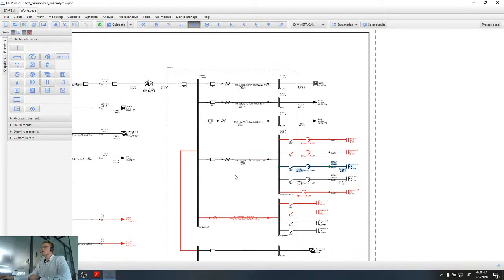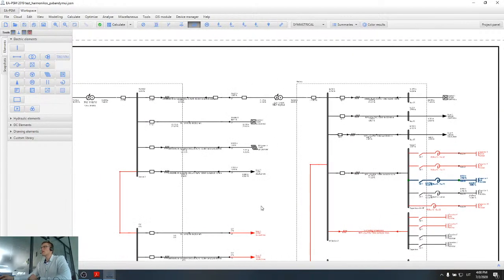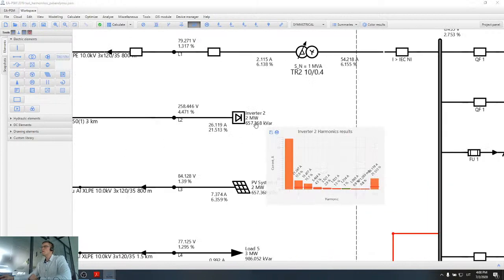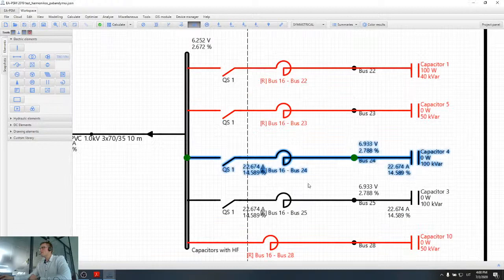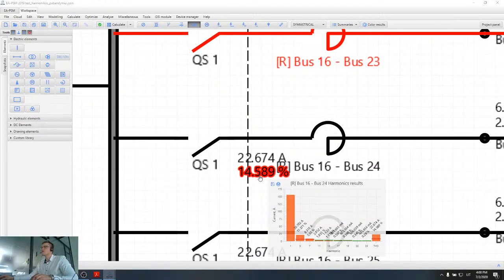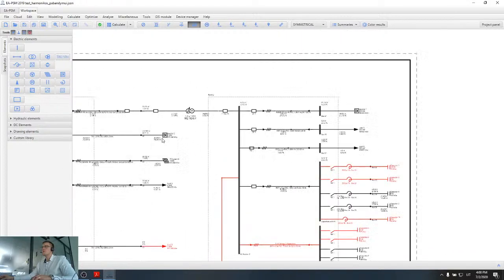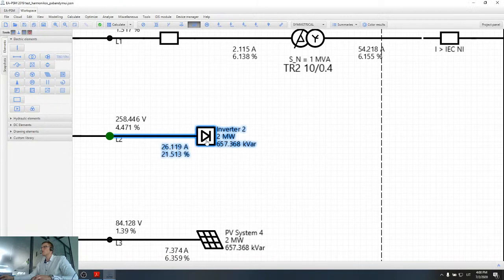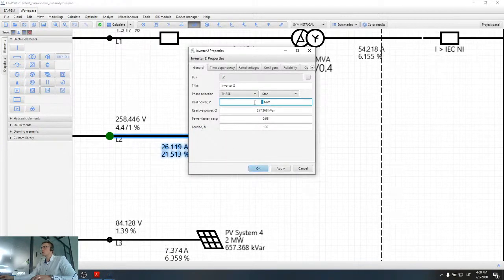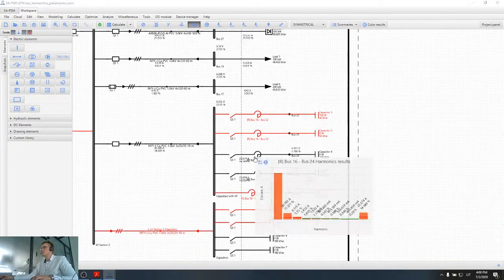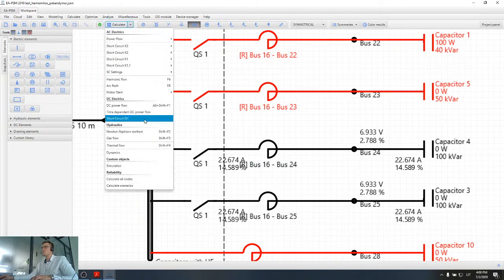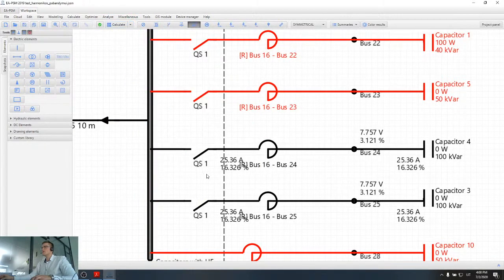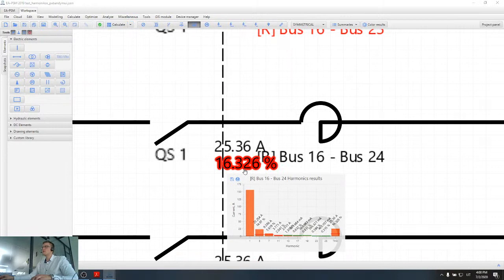Also, these filters are not very much affected by loads in the distribution network. For example, now we have current harmonic distortion equivalent to 14.5%. And if in the distribution network someone increases the power of this inverter, for example, from 2 megawatt to 3 megawatt, and if we recalculate the harmonics, we will get that harmonic currents increased, but not too much, only 2%.